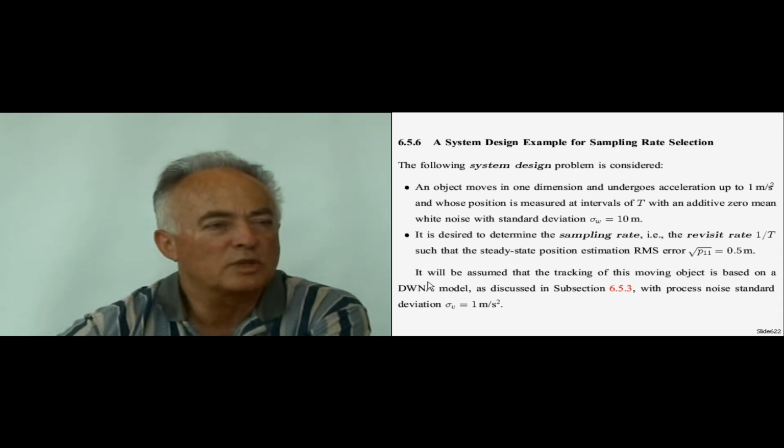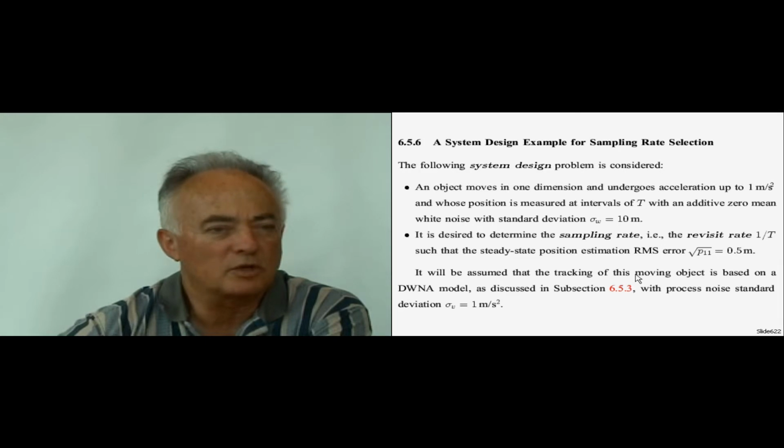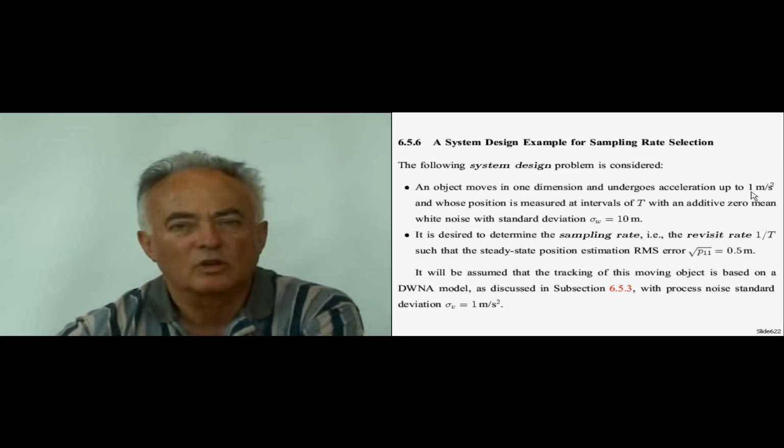We will assume that the tracking of this moving object is based on a discrete time white noise acceleration model with process noise standard deviation 1 meter per second square. So as you can see, we have a process noise selected at the level of the acceleration of the object.